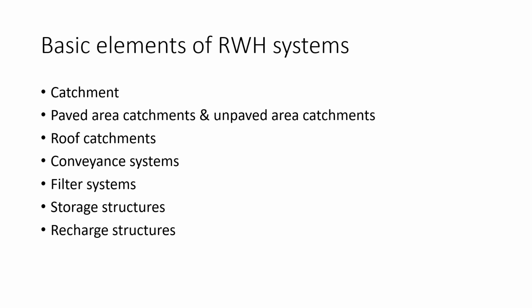Now coming to the filter systems. Rainwater which is collected is often contaminated with dust. It contains some leaves, some twigs, and it may also contain some bacteria, particulates and dissolved gas. It is necessary to install filters both for storage and recharge systems. There are basically several ways of filtering contaminants.